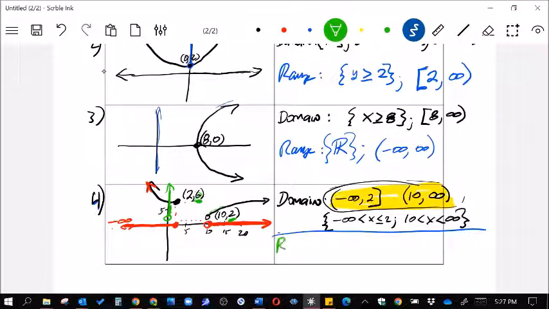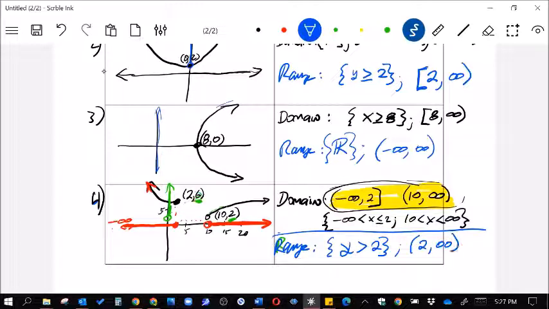So for the range, I'll put that back in the blue. For the range here, I'm simply going to say that it's all the y values that are greater than 2. Or to write it in interval notation, it's from 2 to positive infinity, but not including 2.